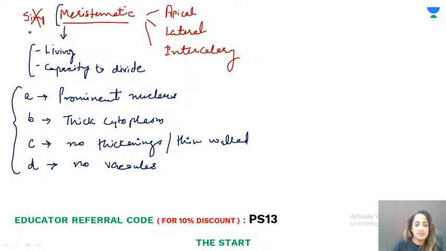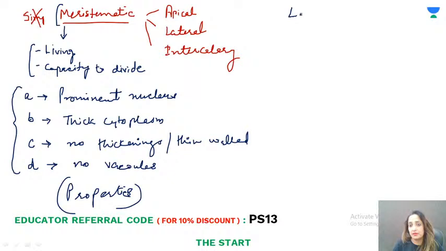Now we divide it: that is part 1, properties. Part 2 is depending upon their location, right? So that was the first, and this over here is the second.